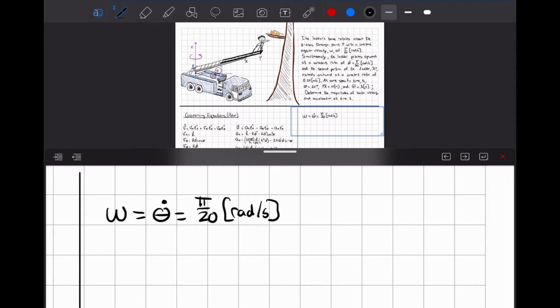We're also given the pitch rate, phi dot, which is pi over 30 radians per second.